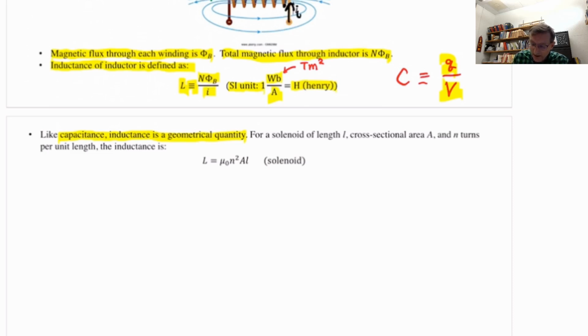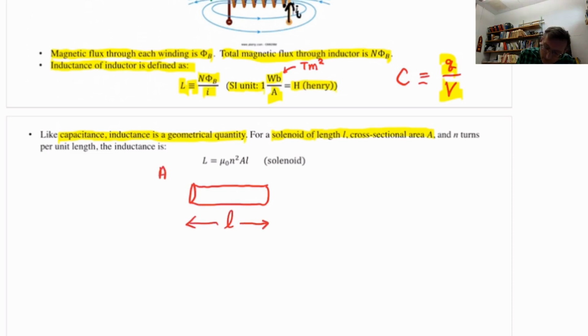Let's take the simplest scenario of inductor, a solenoid that's wrapped around a cylinder of length L and cross-sectional area A. Let me draw one down here on its side. That's a cylindrical frame that has length L, cross-sectional area A. And then we're going to wrap windings of wire around.